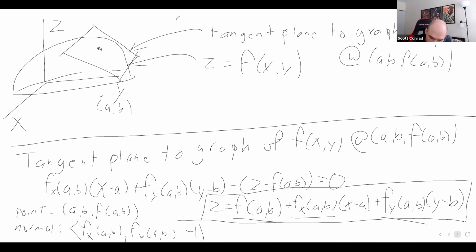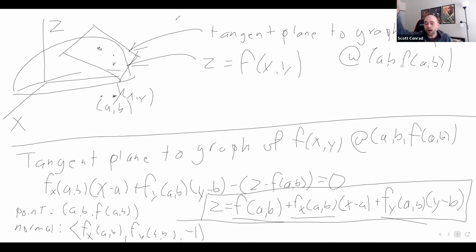If we look at some point xy close to AB, and you look at the points directly above it on the tangent plane and the graph of the function, the z coordinates are going to be close as long as xy is close to AB, because the tangent plane is really, really close to the graph of the function near the point AB.